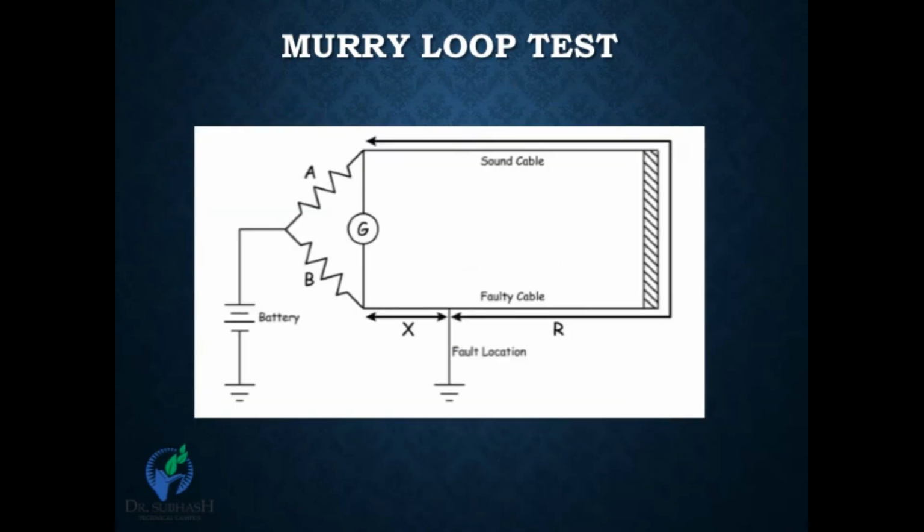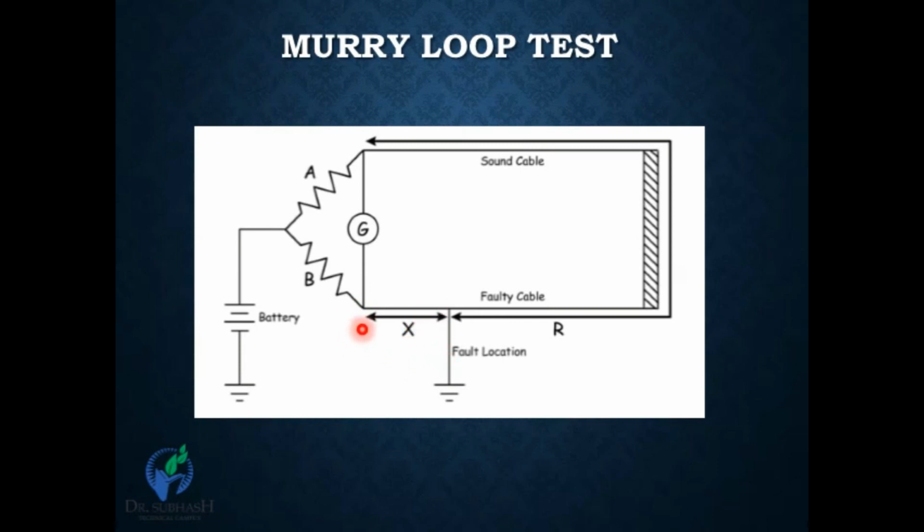Now in this slide we show how to convert resistance into distance. Suppose X is 10 and resistance R is 90. So X is 10% of the total resistance. Simplifying it, if we have a total distance of 100 km, then the distance from the operating point to the faulty point is 10 km.